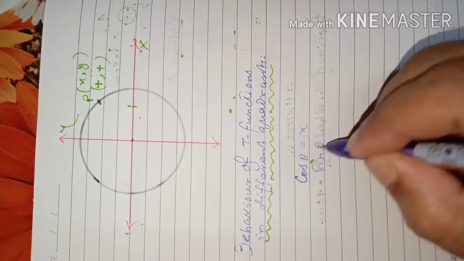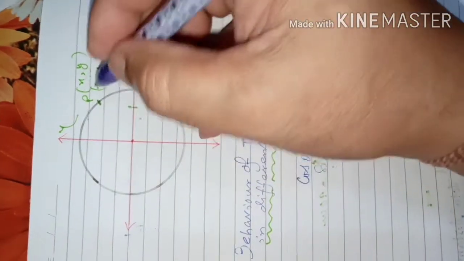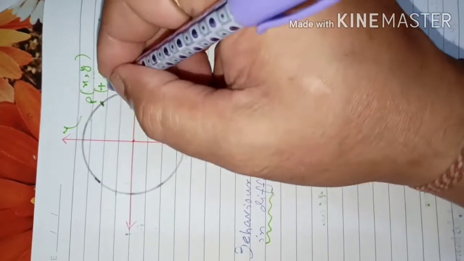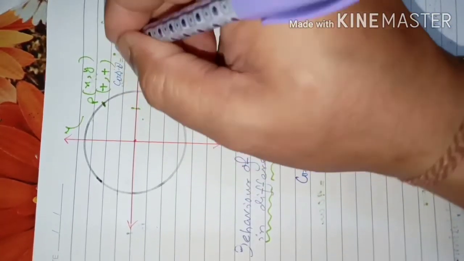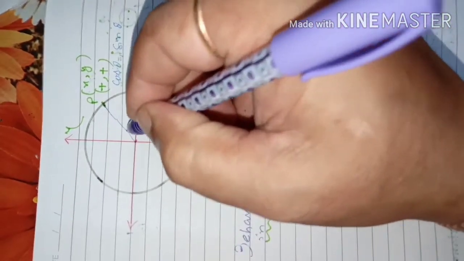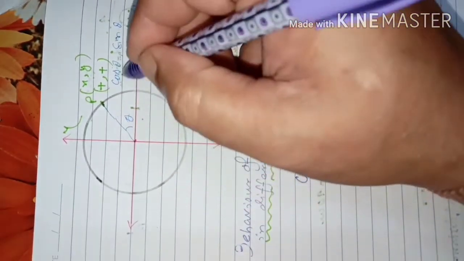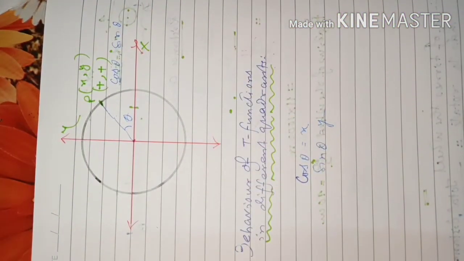So in this quadrant, cos theta and sin theta both are positive. Suppose this arc subtends an angle theta here, then the cos theta value and sin theta value both are positive here in the first quadrant.